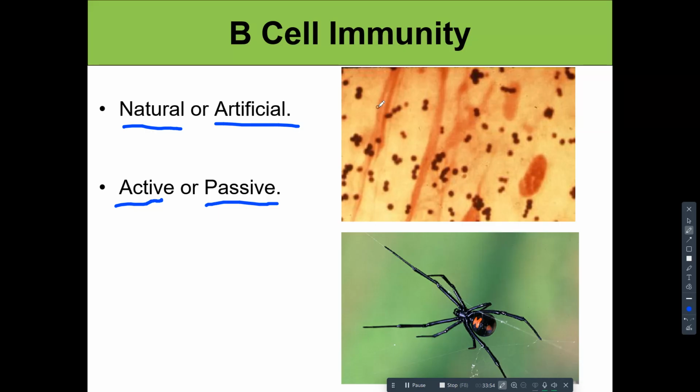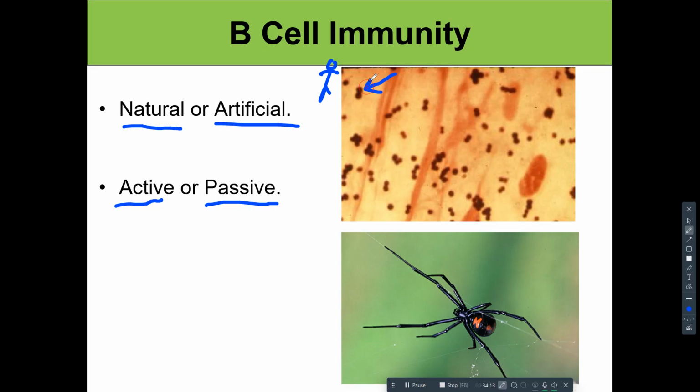So in this first one here, let's suppose somebody was just, in the course of their life, infected with this bacterium. This is some connective tissue from under their skin, and this is the bacterium which is very present there.